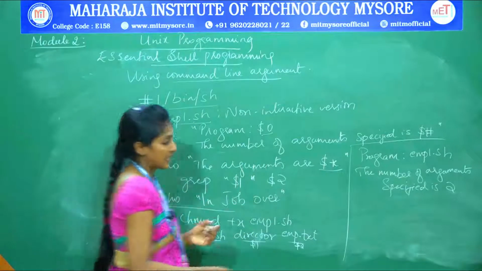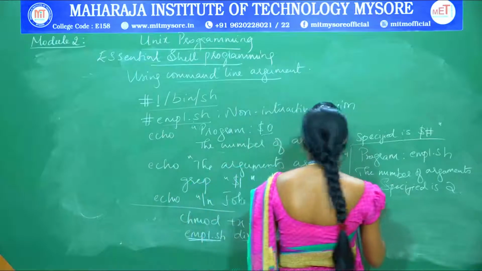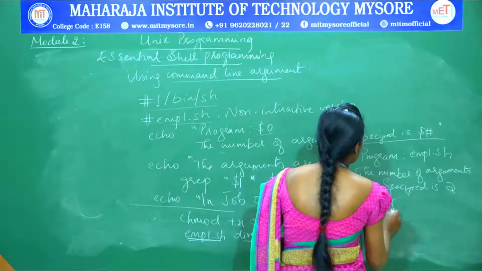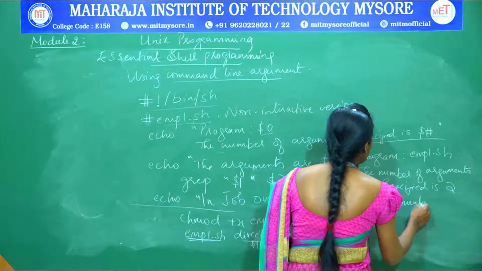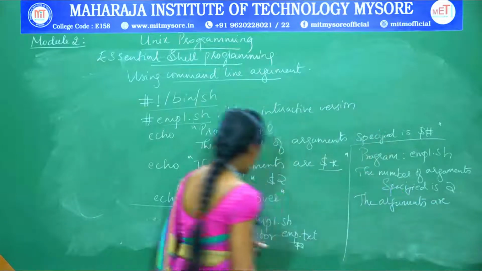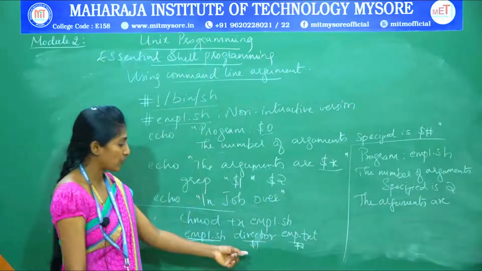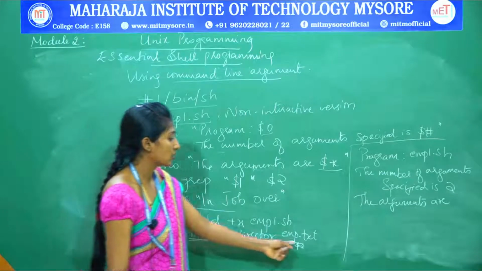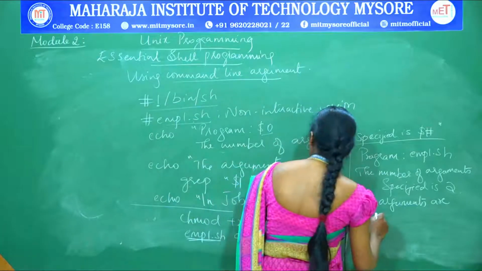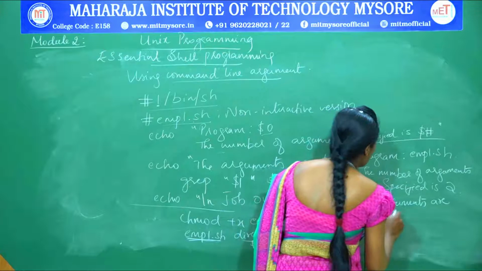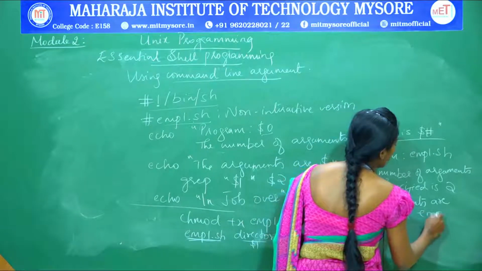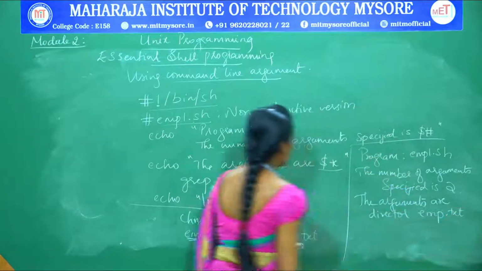So now it will show me the arguments are: $1 is director, $2 is emp.txt. So the arguments are, one is director and the other argument is emp.txt.